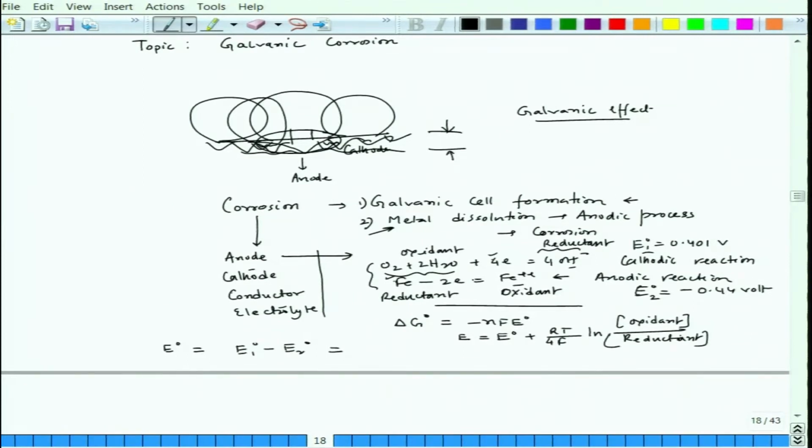Whenever you have difficulty in understanding which one is oxidant and which one is reductant, write everything in reduction mode. For example, Mn plus ne equal to M. That time this would be the oxidant and this would be the reductant. Or you just go to the hydrogen reaction, and we know hydrogen is a very good reducing agent.